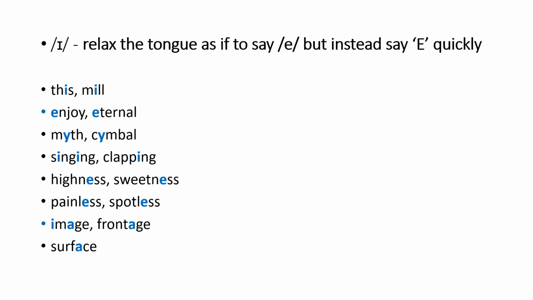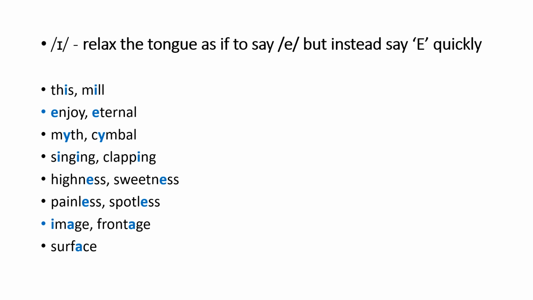And then there's the short E sound, transcribed as the small letter I without a colon beside it, but with a bar on top and below. It is one of the English speech sounds unfamiliar to non-native speakers. To make the E sound, relax the tongue as if to say air, but instead say the letter E quickly.